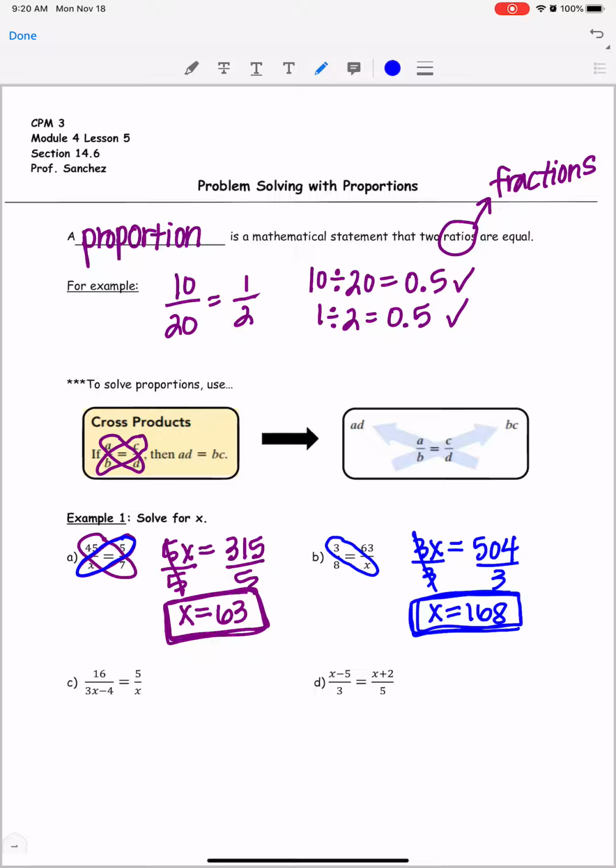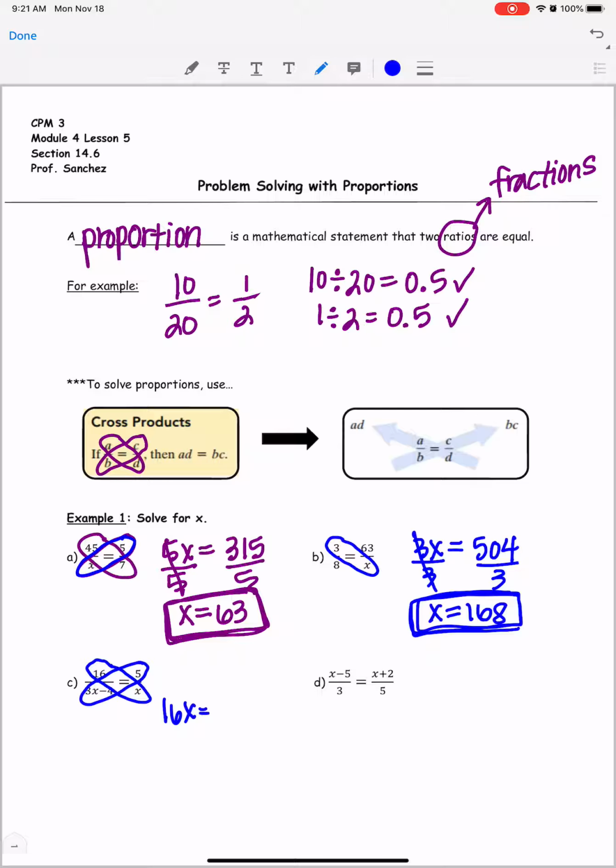Now C and D, we're going to do the same thing. Notice I have 2 different x's though. So this way's a little bit easier. 16 times x is 16x. Now when I cross multiply this way, you have to be careful because what are we going to multiply by 5?